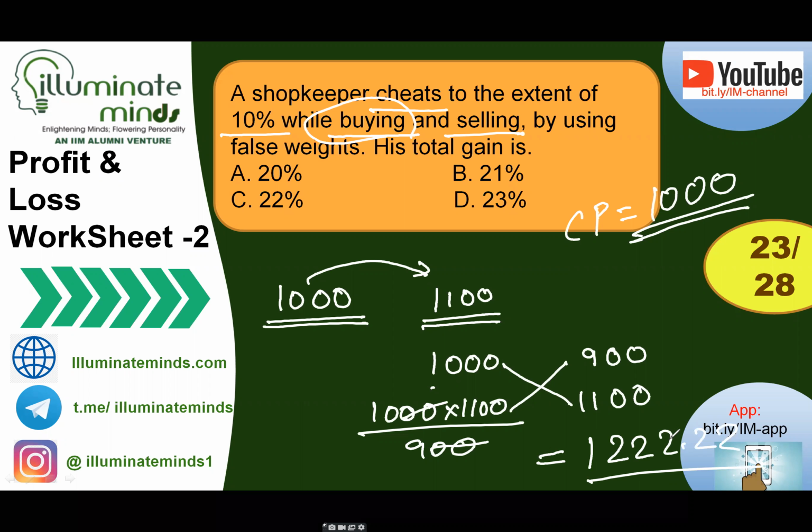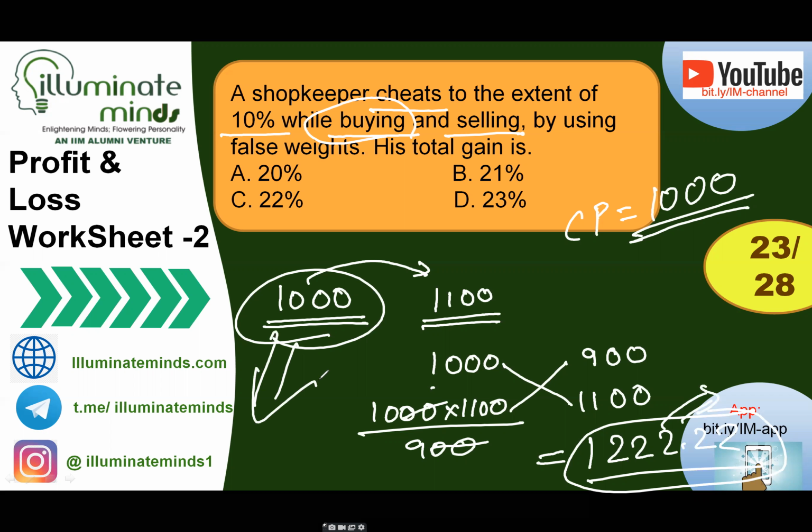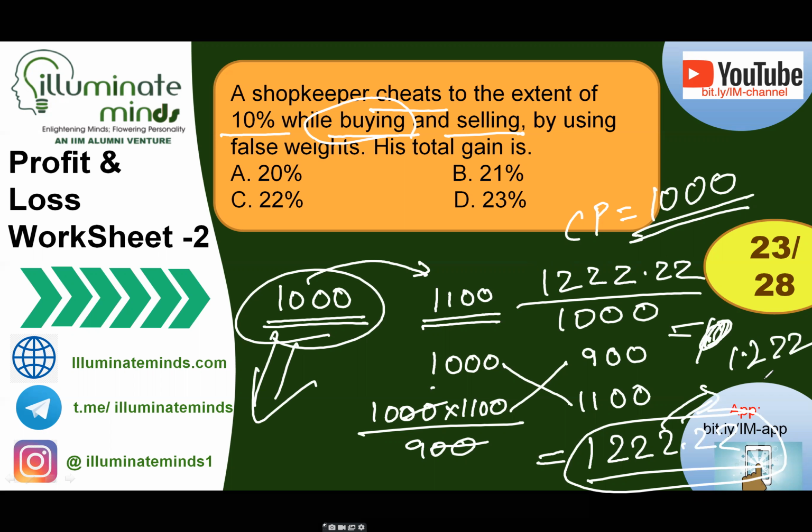Now my final revenue is this, and my investment was this. So this is my eventual sales and this is my eventual investment. So I will do 1,222.22 divided by 1,000, which gives 1.2222. That reflects the profit percentage of 22.2%.